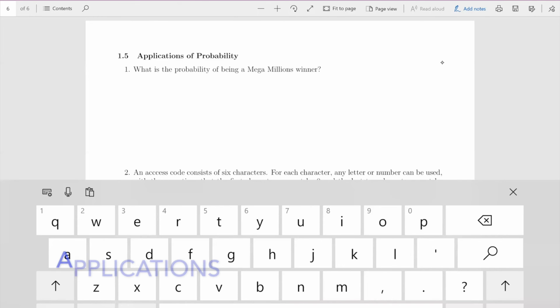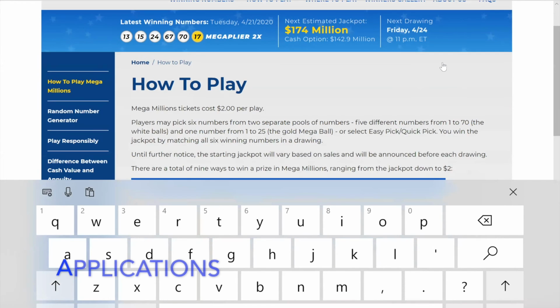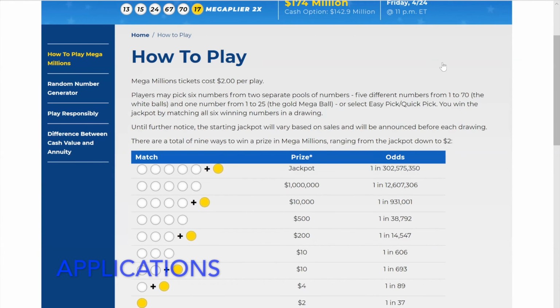The first application that I want to introduce is finding the probability of being a Mega Millions winner. How does it work? Here's how to play it. A ticket costs $2 per play.